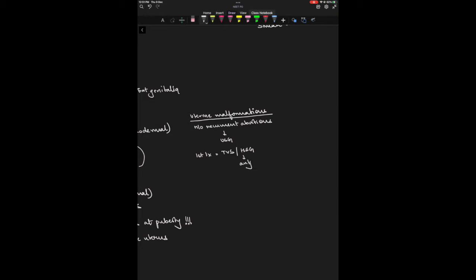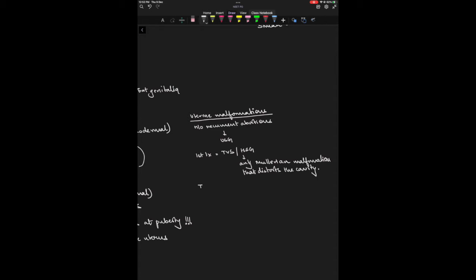Then on HSG, any Mullerian malformation that distorts the cavity can be seen, right? We cannot see the outer contour or the external appearance of the uterus or the uterine fundus on HSG.